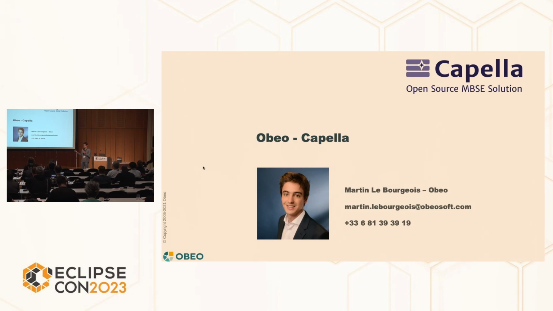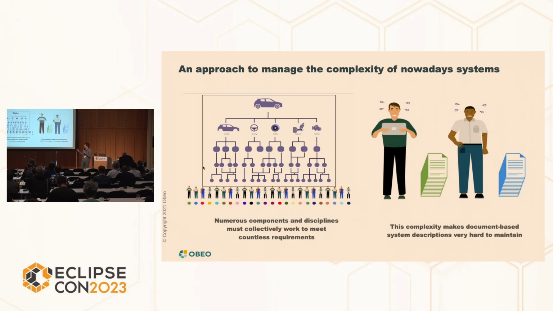It is an MBSE tool focusing on the modeling of complex systems architecture. The challenge behind Capella is difficulties that are usually met by system development engineers in pretty much all industries. We all know that systems nowadays are becoming increasingly complex, with a lot of different components that involve many disciplines. So huge teams need to define and specify all these countless components with all their interfaces.